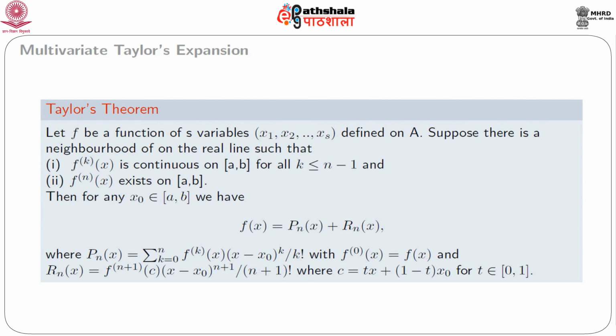Then for every x belonging to that delta neighborhood, we have f(x) equal to f(a) plus the summation for k from 1 to L of 1 by k factorial times the operator ((x - a) transpose multiplied by nabla) to the power k acting on f at a, plus 1 by (L+1) factorial times the operator ((x - a) transpose multiplied by nabla) to the power L+1 acting on f at z, where z is as before a convex combination of a and x, that is z equals (1 - t) times a plus t times x for some t belonging to (0, 1).